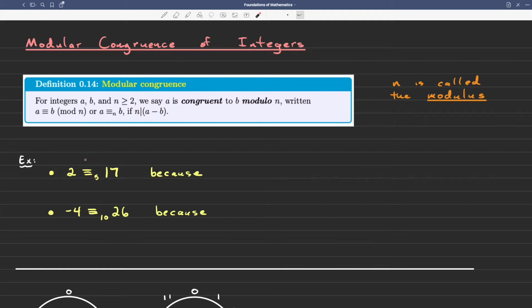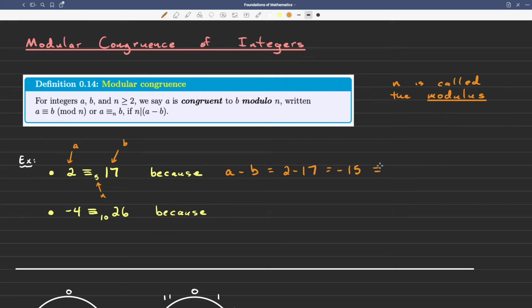The first example I have here is I'm claiming that 2 is congruent modulo 5 to 17. 2 can be your a from the definition, and 17 can be your b, and 5 is going to be your n. So we need to check that n divides a minus b. So what is a minus b? Well, that's 2 minus 17, which is negative 15.